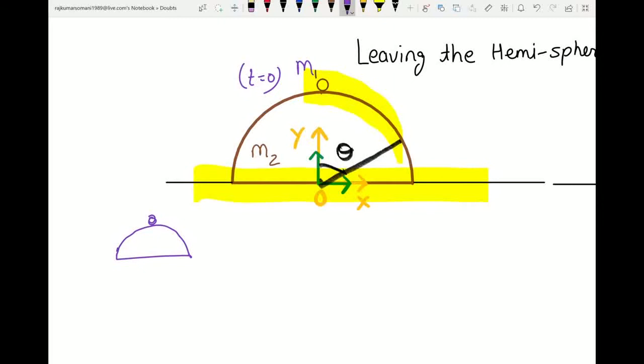Hence, since initially it was at rest, the center of mass is not going to move in the horizontal direction. The center of mass will remain on the y-axis only, and that is only possible if m1 moves in this direction, m2 has to move in this direction, such that the center of mass of m1 and m2 lies on the y-axis only.